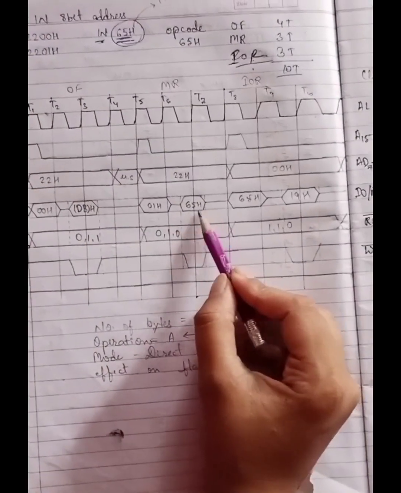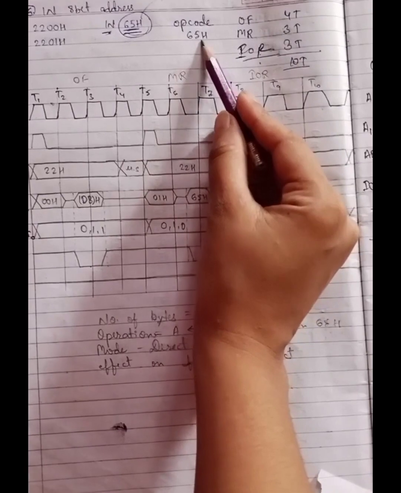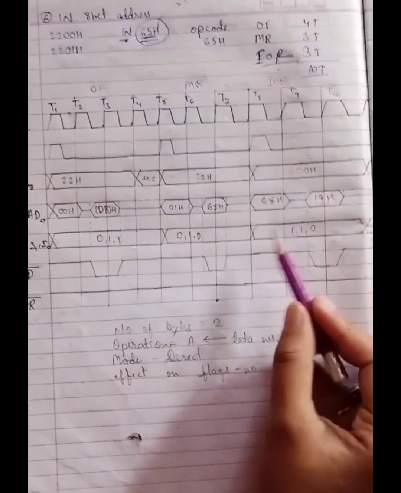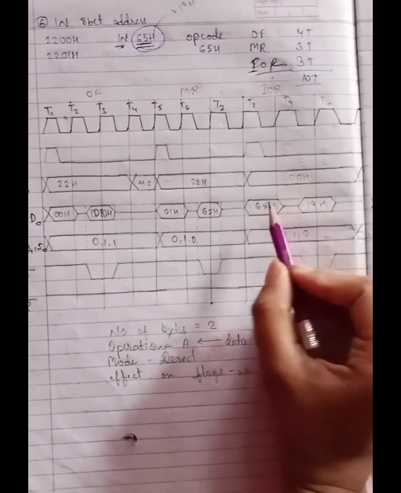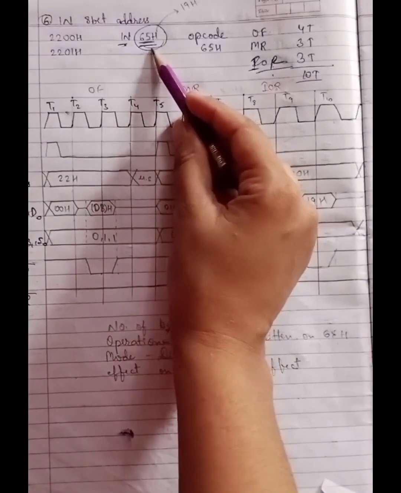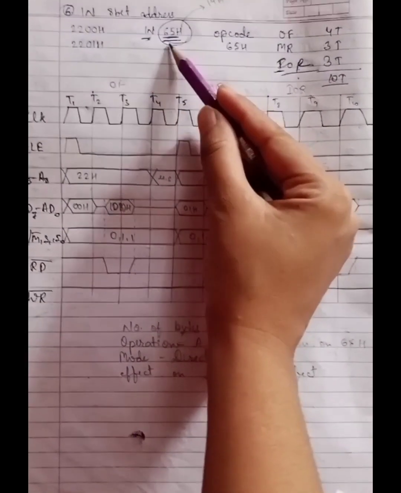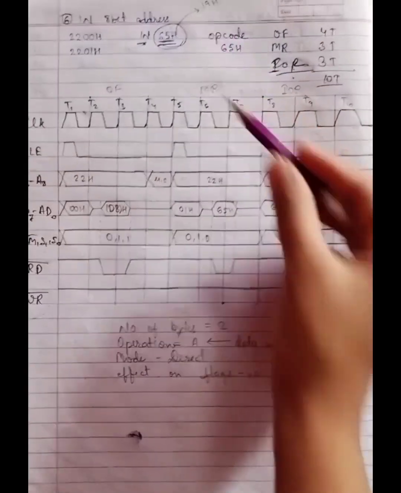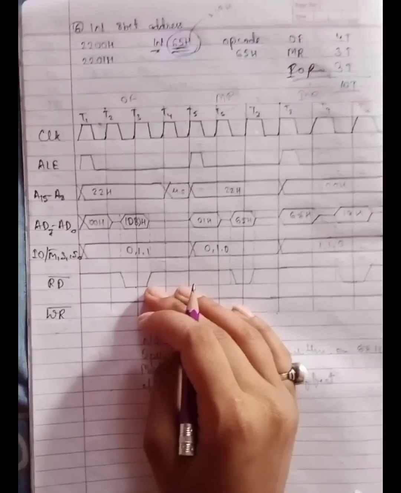Next is 65H, which is written at this address 2201H, 65H, right? Next is the lower byte of this address, which is 65H, and the data which is present at 65H is 19H, which we have considered. Therefore 19H will be there, right?